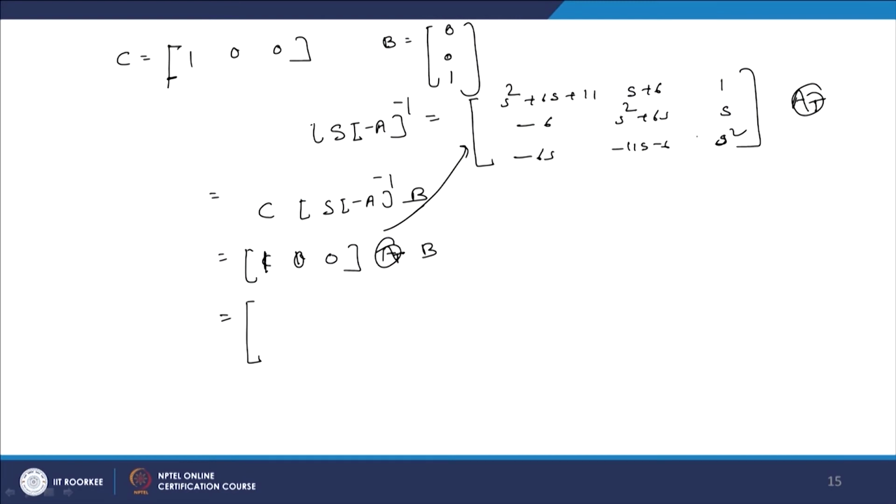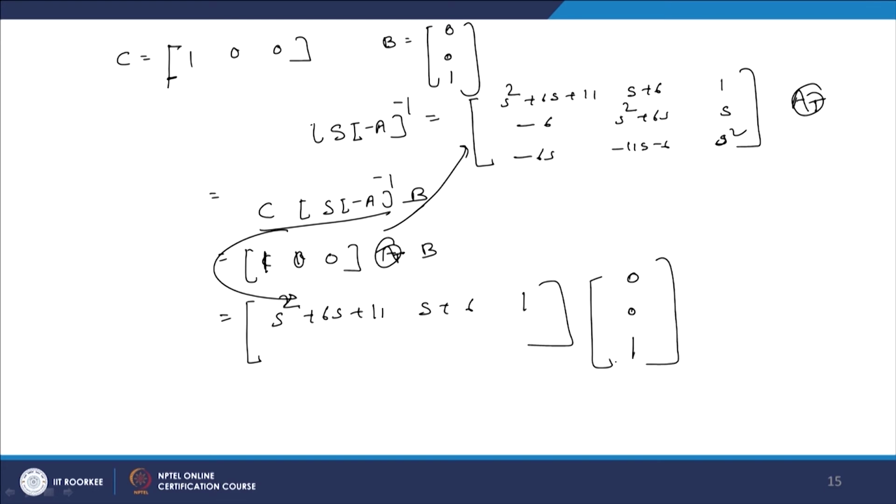We will get s square plus 6s plus 11, s plus 6, 1, that is C sI inverse. We have got this, and now it is to be multiplied by B. So, your B is 0 0 1. So, finally, after multiplications, what will we get?